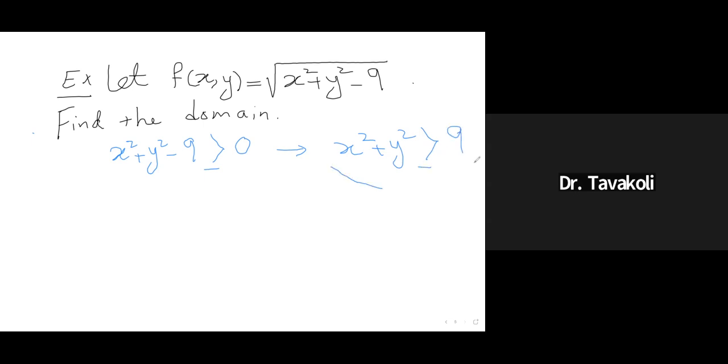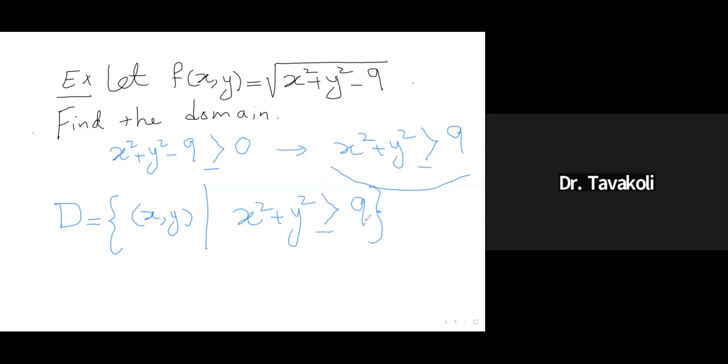So that's the condition that x and y should satisfy. So to write the domain, it consists of all the points x, y, such that x squared plus y squared is more than or equal to 9.